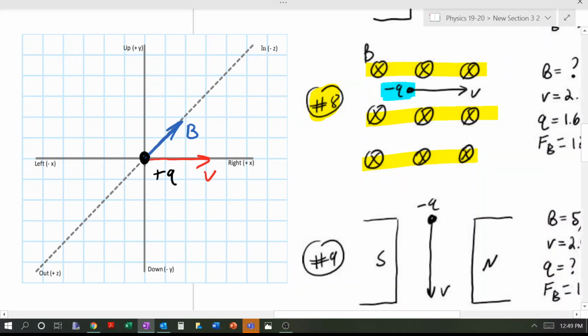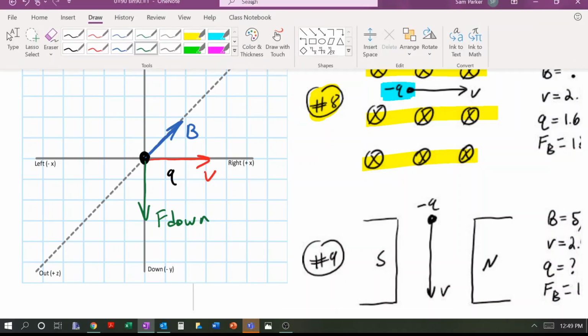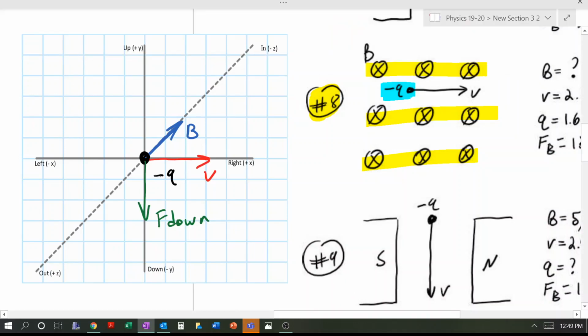So the force is actually down. Okay, and you can see I did a little typo there. That charge is negative. If it had been positive, it would have been up, but because it's negative, we have to flip our answer 180 degrees. So up becomes down.